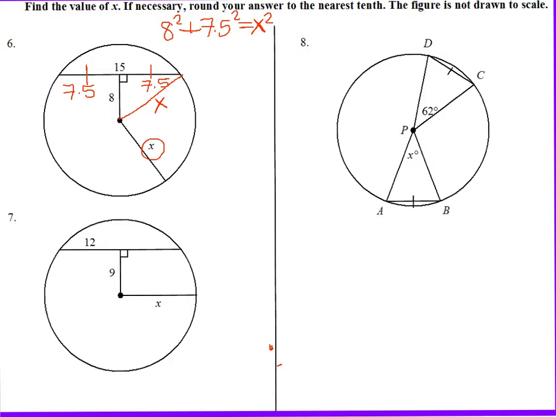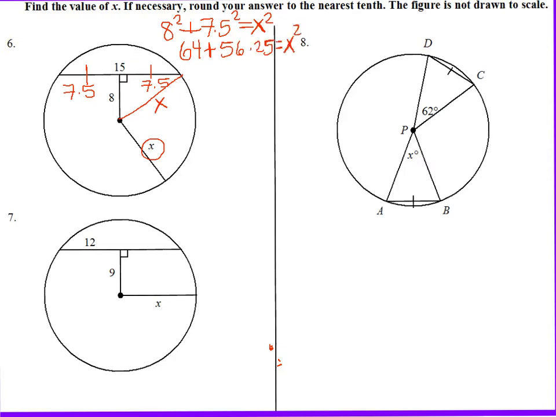So I know 8 squared is 64. I'll use my calculator to figure out what 7.5 squared is. Oh, sorry. 7.5 times 7.5 is 56.25.